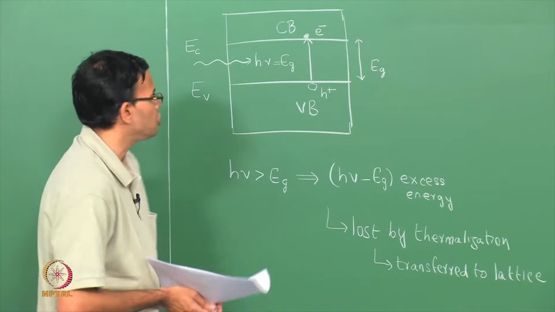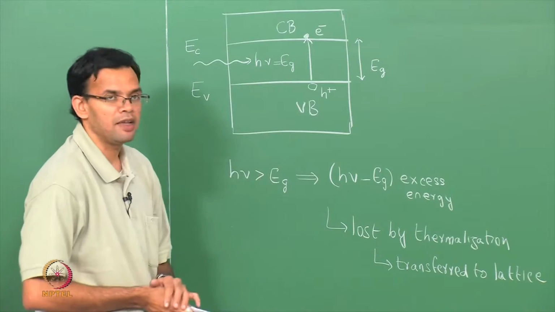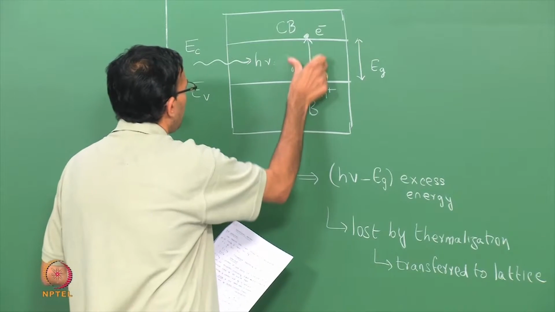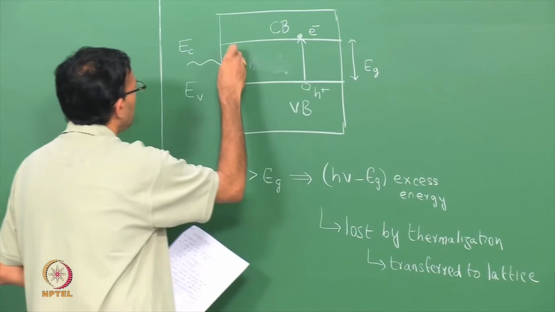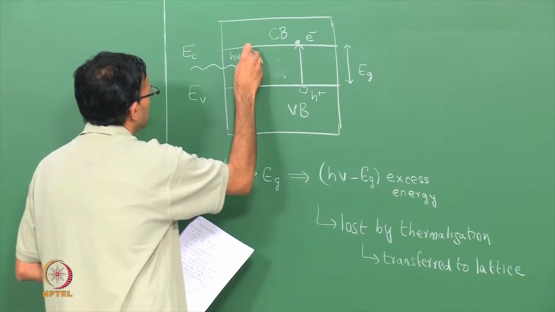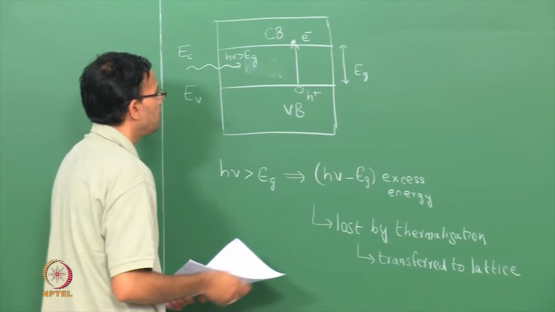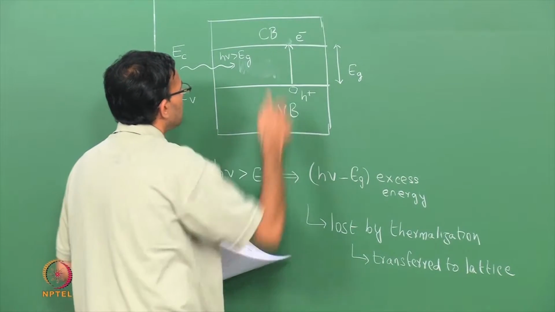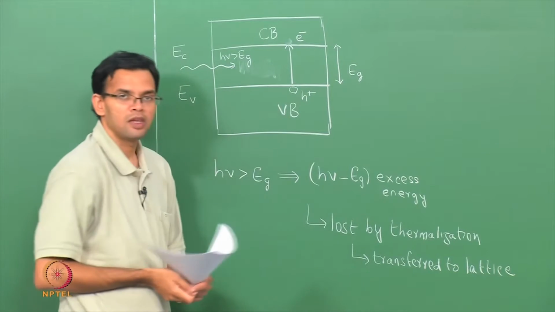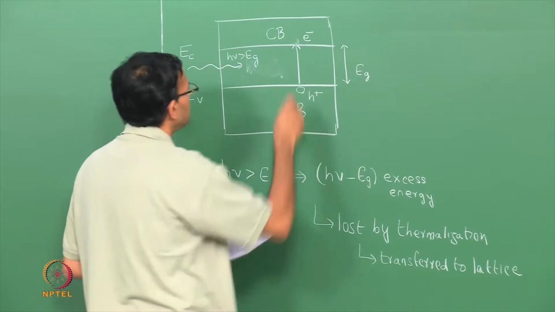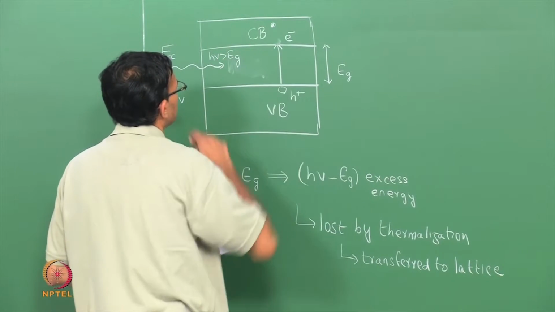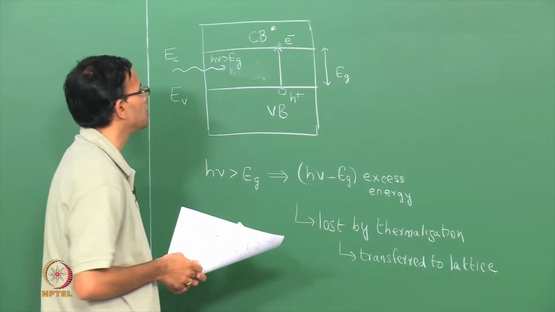So, if I want to show that, I will use the same diagram, but now I have h mu that is greater than Eg. So, in this particular case, I can have a hole at the top of the valence band, but my electron can be somewhere within the conduction band.